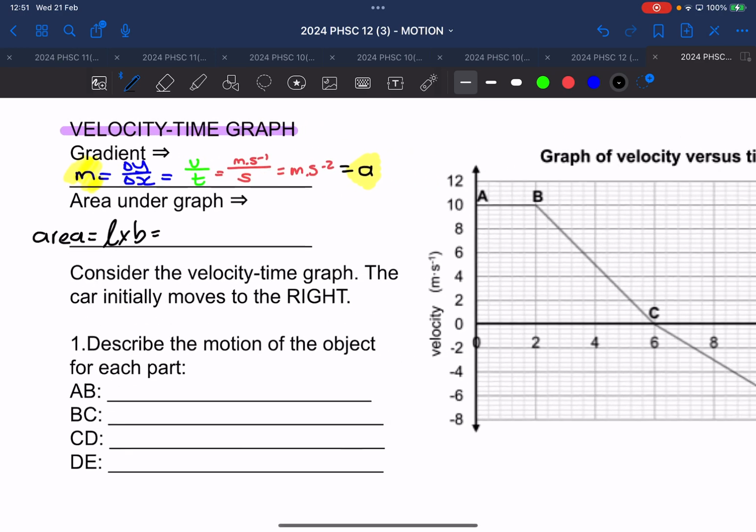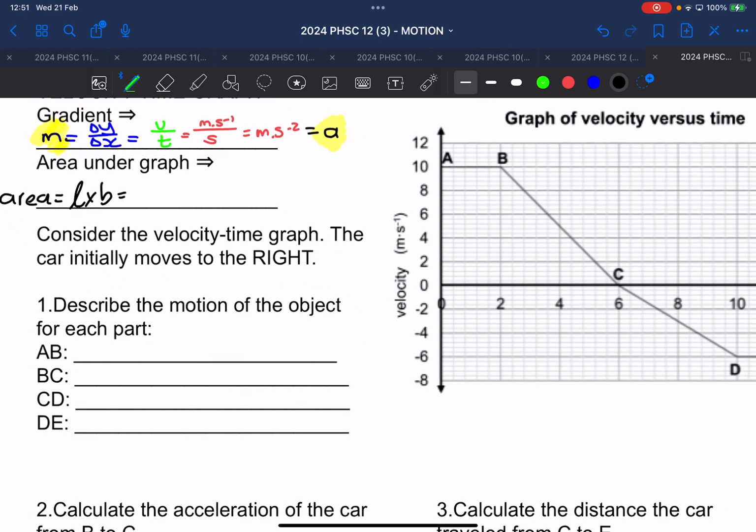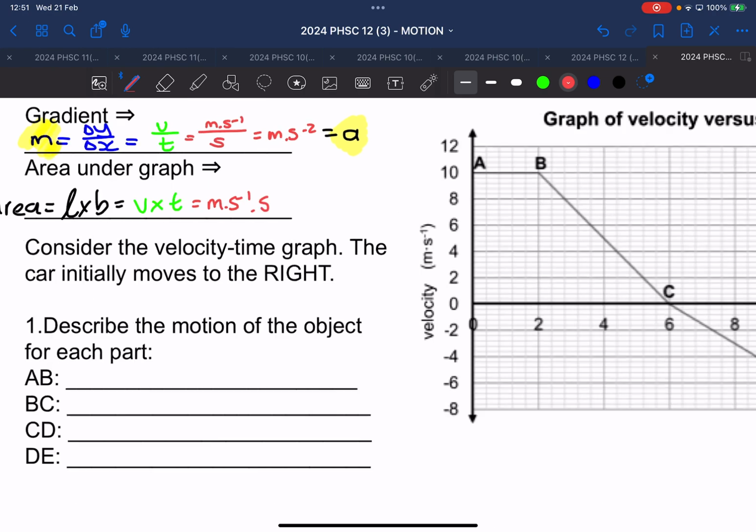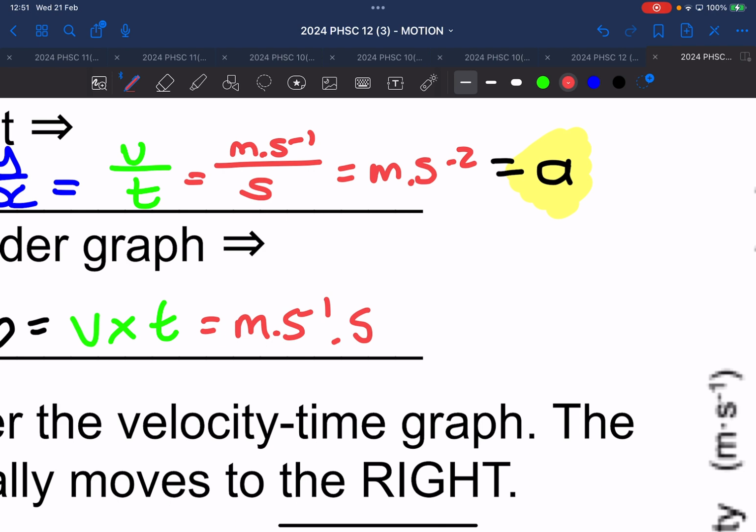For this graph specifically, let's take length to be velocity and breadth is time. Velocity is measured in meters per second, time is measured in seconds. What is meters per second times seconds?